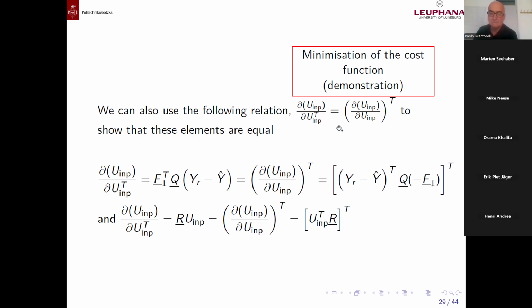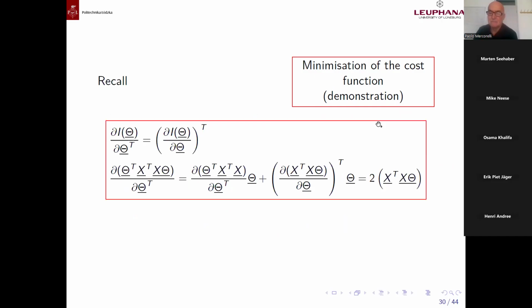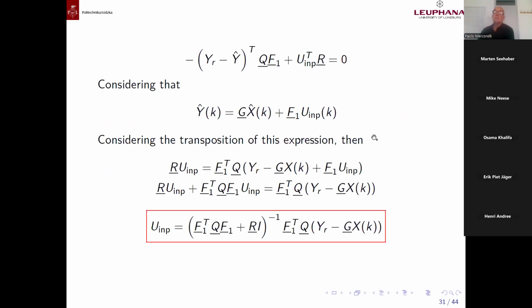This is another property that is useful through the calculation to obtain the solution. If you want, you can look at the demonstration alone, but it's not necessary for the examination for the project, but it helps a little to understand how we can obtain this equation.